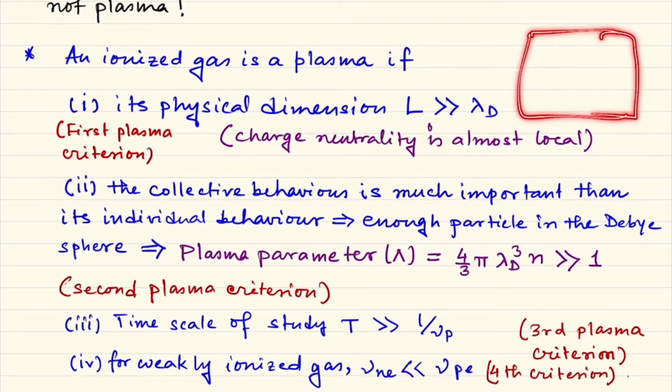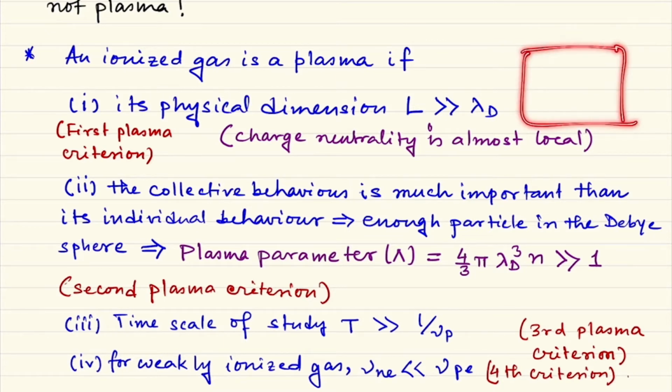So if your Debye spheres consist of one or two particles, then the charge neutrality is constituted by only one or two particles. So the representative particle, which is a Debye sphere for this ionized medium, is almost of the same scale as a real particle, and then individual particle behaviors cannot be neglected.